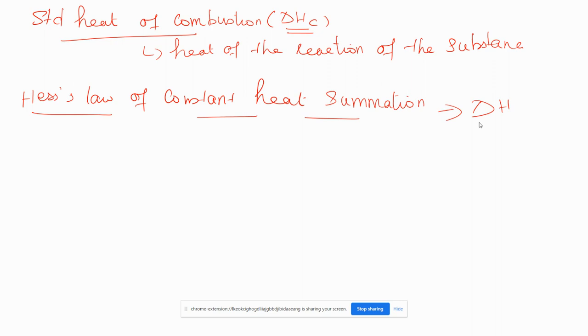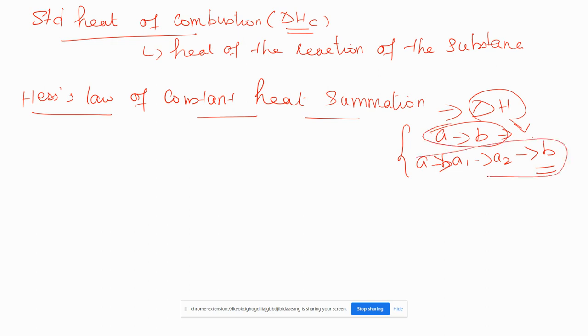Whether the reaction takes place in one step or a single step, A gives B, this enthalpy change is going to be the same. If A gives A1, A1 gives A2, and from there B, the enthalpy change is still the same. So this law states that the enthalpy change in a particular reaction is the same whether the reaction takes place in a single step or in multiple steps.